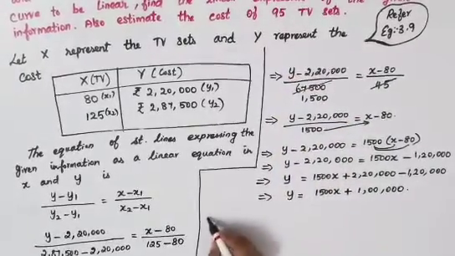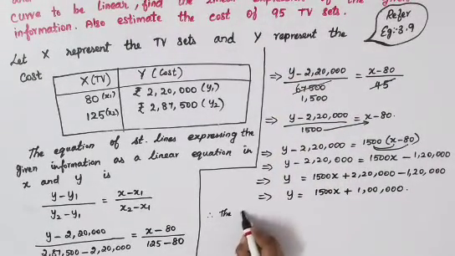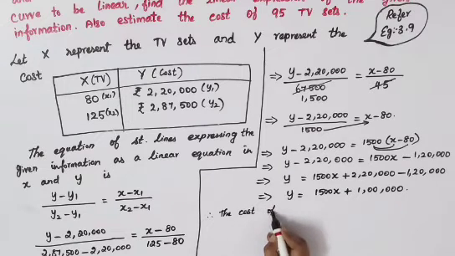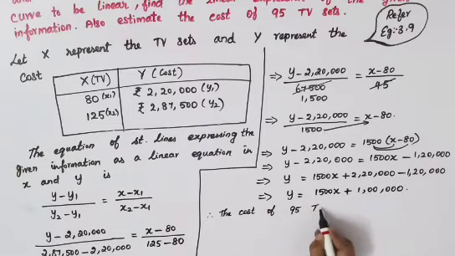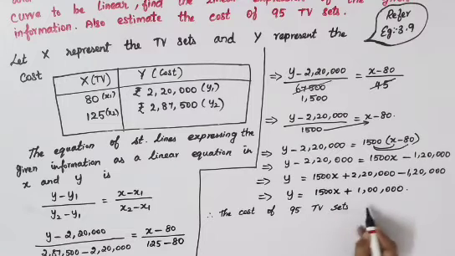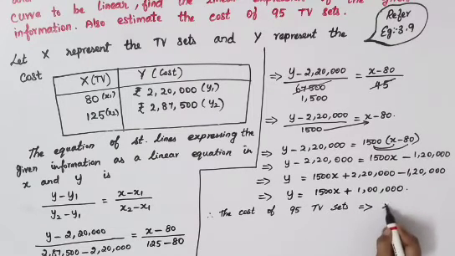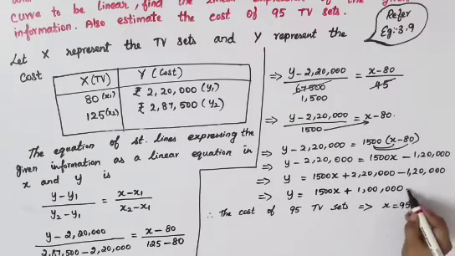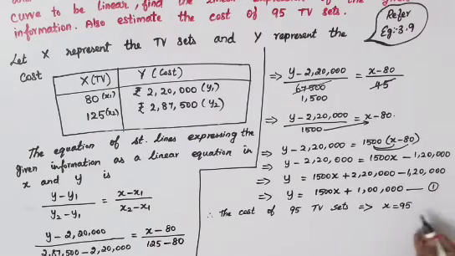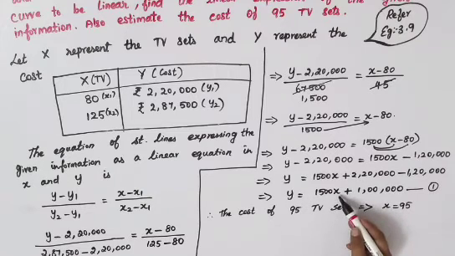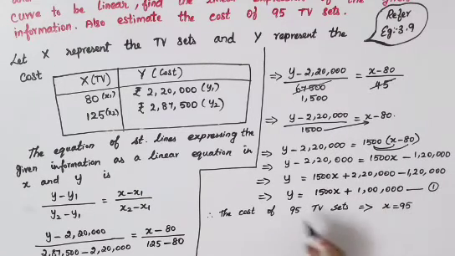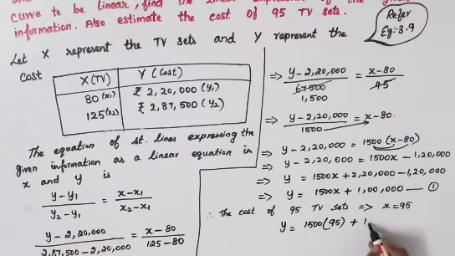They have asked you to also estimate the cost of 95 TV sets. Therefore, the cost of 95 TV sets, you can write it as X is equal to 95 in your linear equation. Okay, here you can just mark this as equation 1. So in equation 1, you will have to substitute 95 instead of X. Therefore, your Y is equal to 1,500 into 95 plus this 1 lakh as it is.